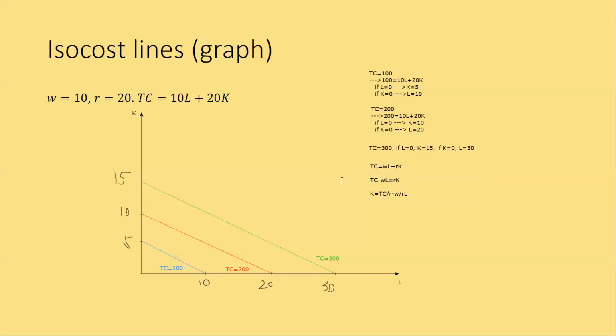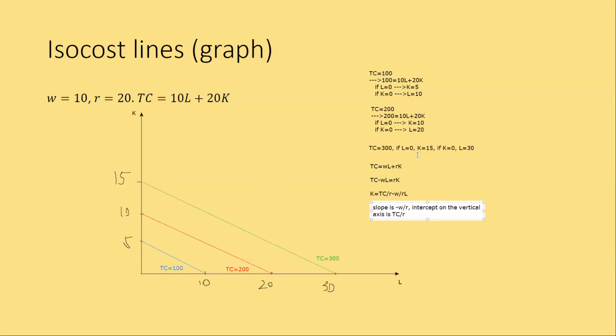So from this expression, we can see that our slope is the coefficient in front of L, which is negative W divided by R. So the slope is negative W over R, and the intercept on the vertical axis is TC divided by R. And this is how we have been finding the intercepts, right?